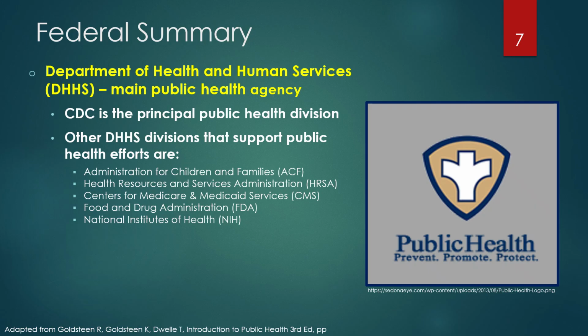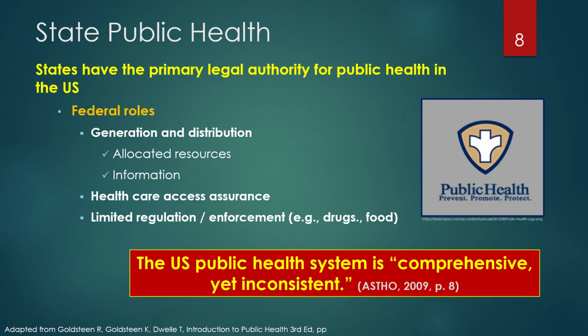Other DHHS divisions of special importance to public health are the Administration for Children and Families, ACF, Health Resources and Services Administration, HRSA, Centers for Medicare and Medicaid Services, CMS, Food and Drug Administration, FDA, and National Institutes of Health, NIH. Let's now discuss the role of state public health for a few minutes.